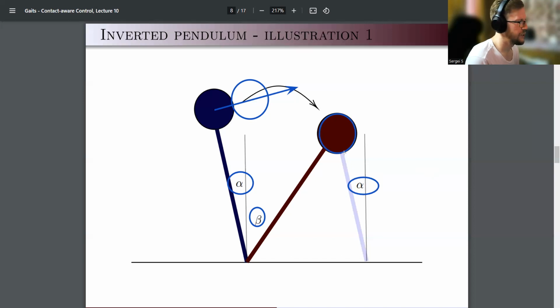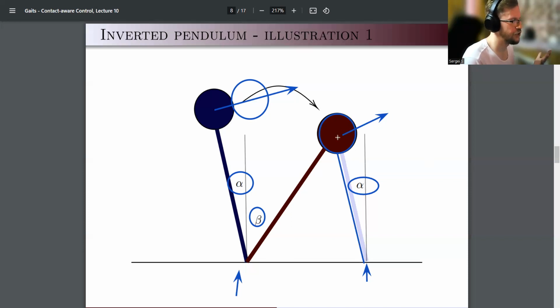Then we get this new position for the point of contact, which is going to be here, right? It used to be here, now it is here. And now we have our new point of contact, and then our body can move again in this direction, right? Notice that the velocity of the body instantaneously changes direction of motion.